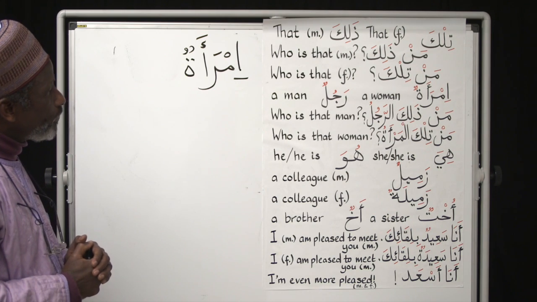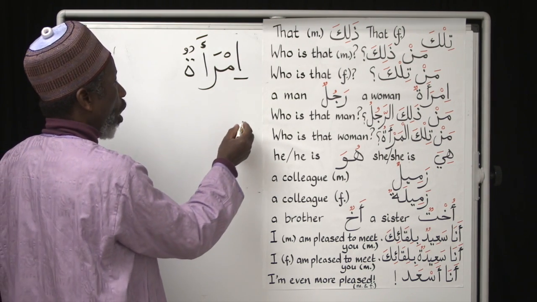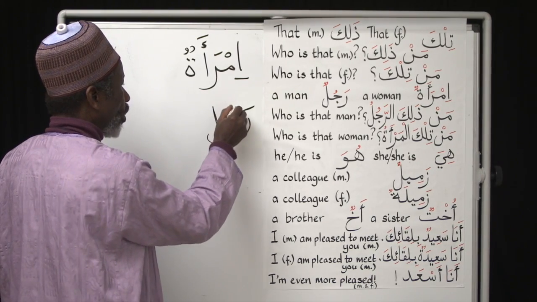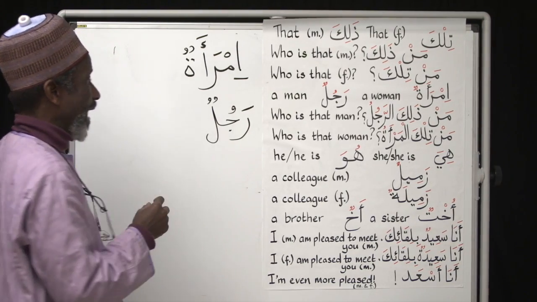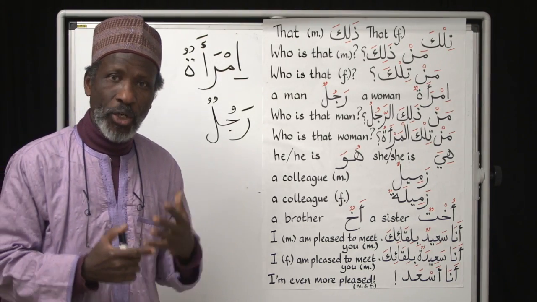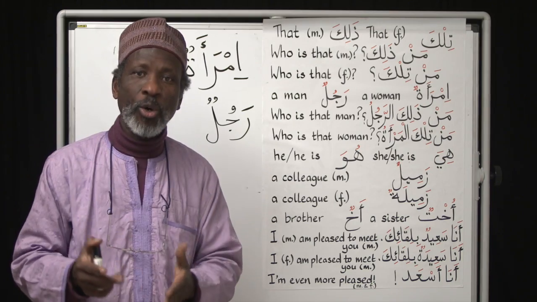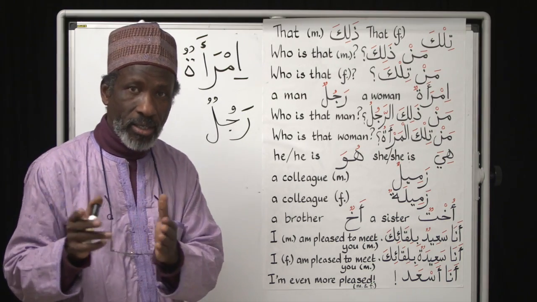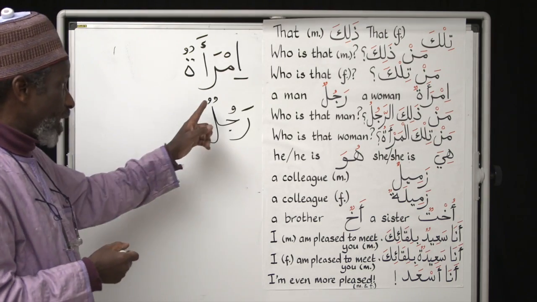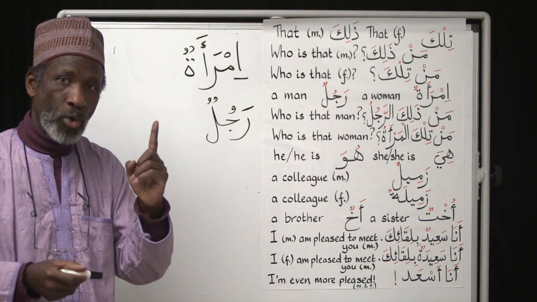Now, okay, let's give you rajulun, a man. If you want to say the man, you know what to do. Add your article the, which is L in Arabic, at the beginning, and reduce the un to a single u.